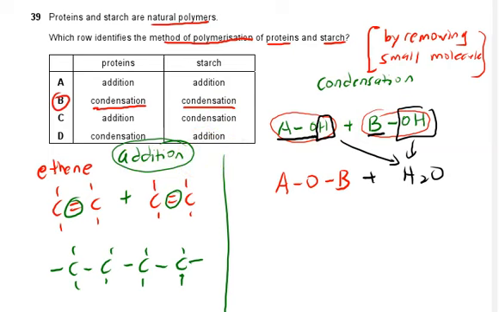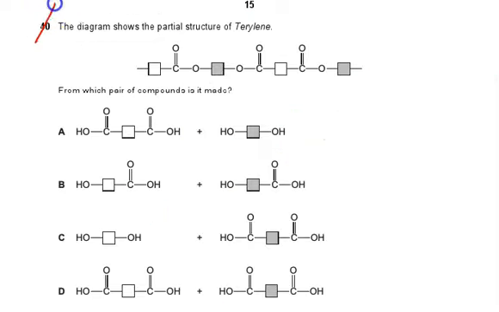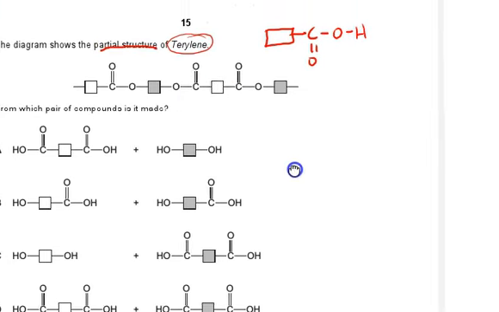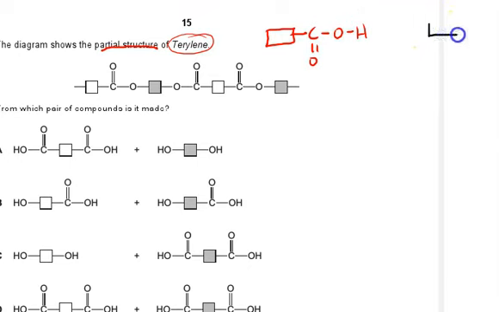Now let us move to question number 40. Number 40, the diagram shows partial structure of a polymer. So if you notice here, most of the things here, you will have a carboxylic acid group. The other one you will have, let me just make it a side here, is hydrazide group.